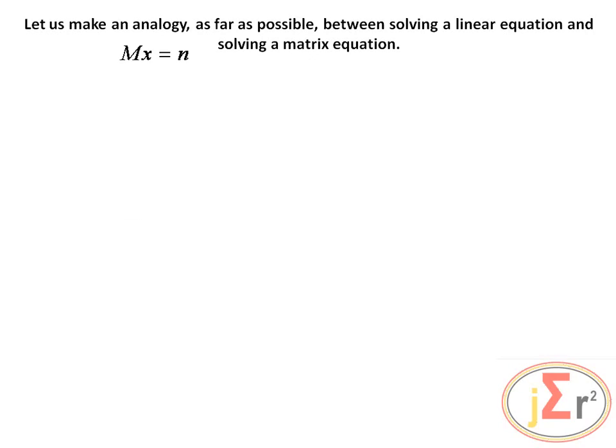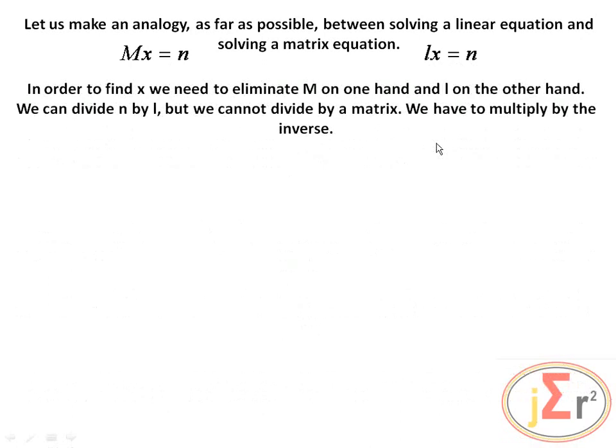So that's our matrix form, and that is our linear form. In order to find x, we need to eliminate m on the left hand side, and that is pertaining to the matrix, and l on the other hand, that is pertaining to the single linear equation.